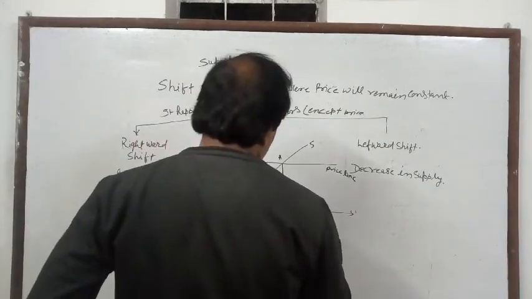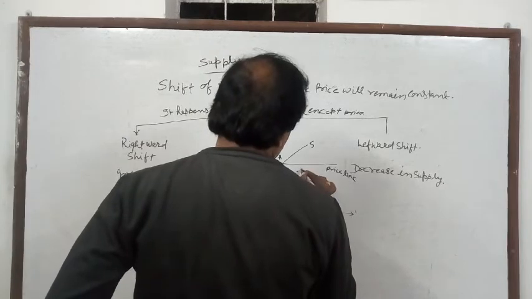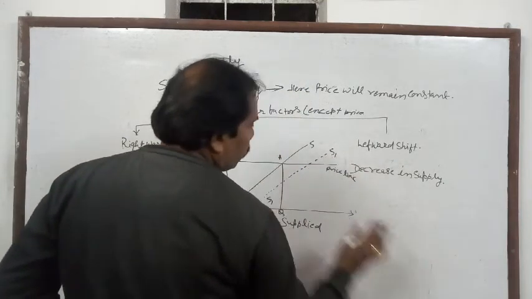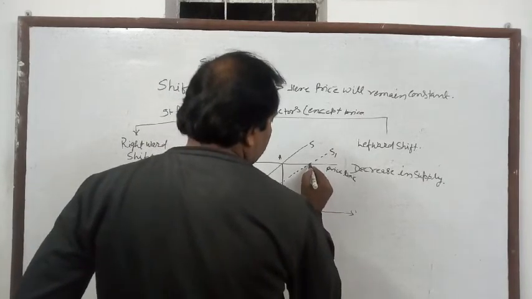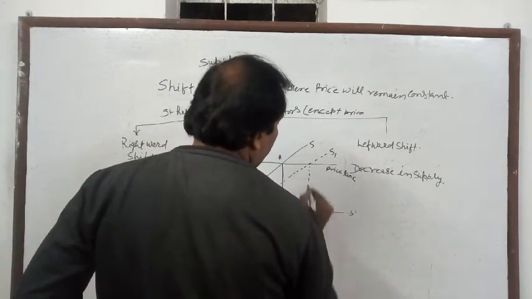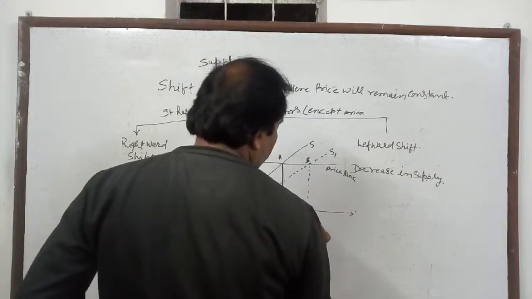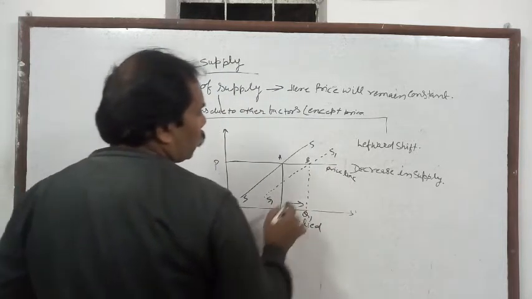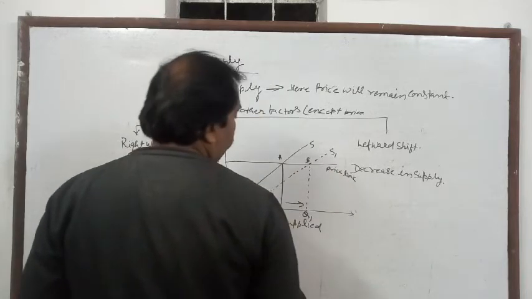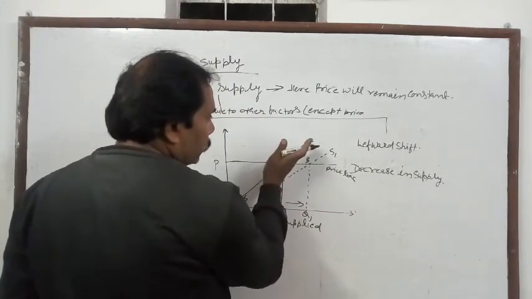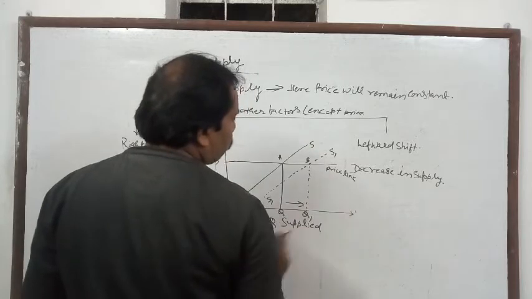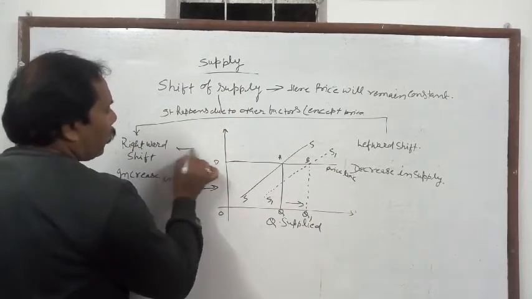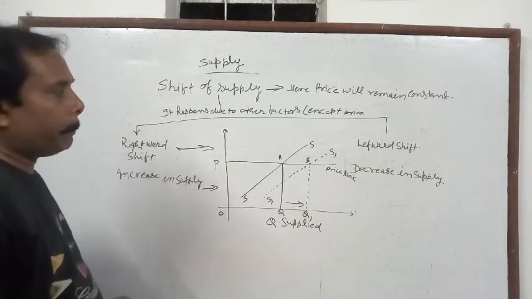So these are the factors due to which the supply curve moves rightwards, and it intersects the price line at point B, and the new quantity supplied has increased from OQ to OQ1. This supply curve shifts rightwards, and this is known as increase in supply or rightward shift in supply.